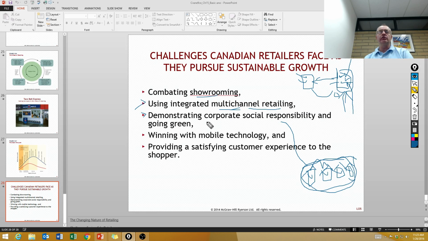It's the stores flaunting their use of green electricity or recycling. So they're using some of these social responsibility practices as a way to market themselves and position themselves in the minds of the consumers.